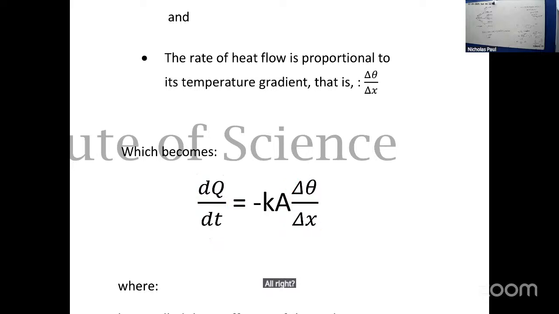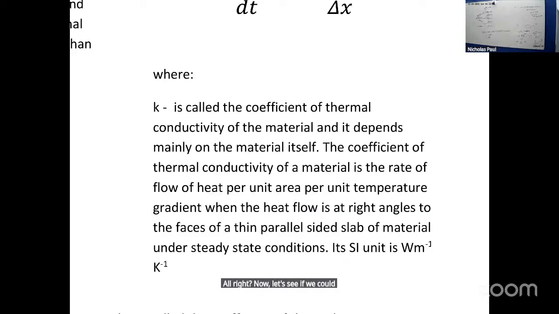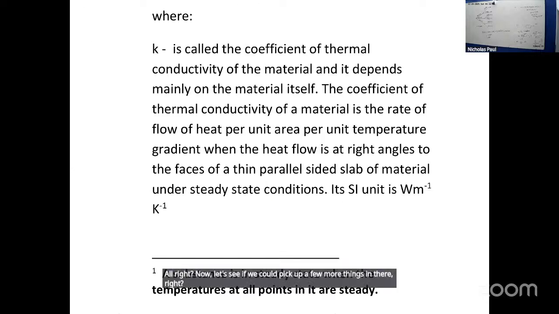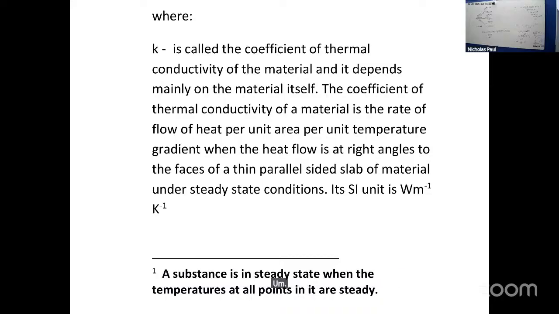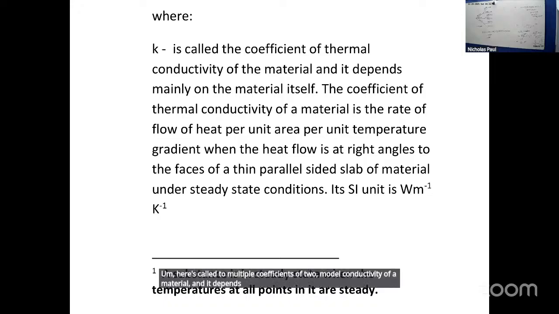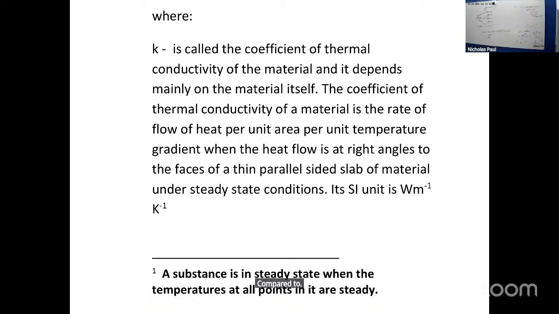Now, let's see if we can pick up a few more things in there, right? K is called the coefficient of thermal conductivity of a material, and it depends mainly on the material itself. So, for example, metal compared to paper will have two different K values. Which one is higher? The one for metal, right?